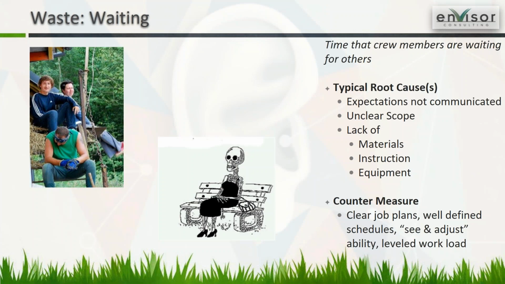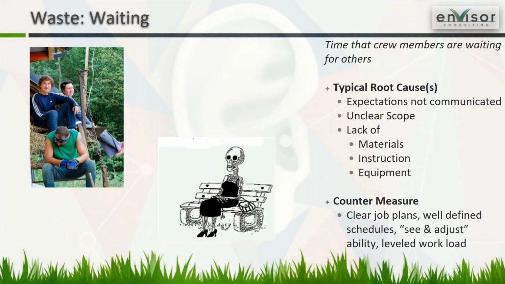And then finally, the last form of waste is waiting. Waiting is obviously non-productive. But here's the interesting thing about waiting. What's challenging about this is that all of these forms of waste really look like production. Over-processing looks like production, overproduction looks like production. Looks like you're doing something. Rework looks like work.